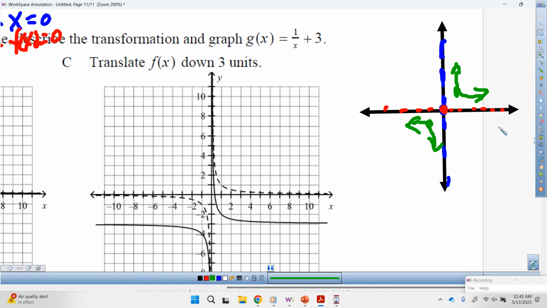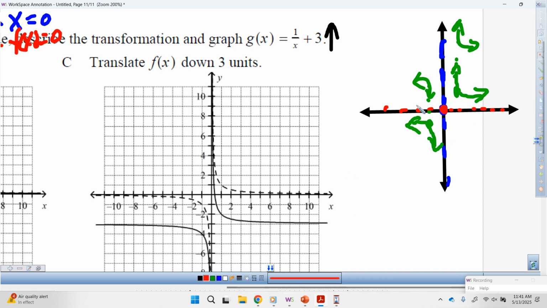Let's go with Sebastian. Where would that move it to according to that? Up. That is correct. Up how many steps, everyone? 3. So, you take this one, 1, 2, 3. You take this one, 1, 2, 3.